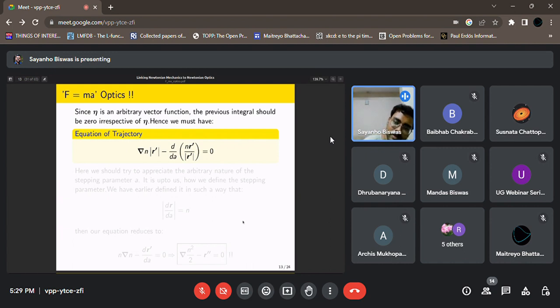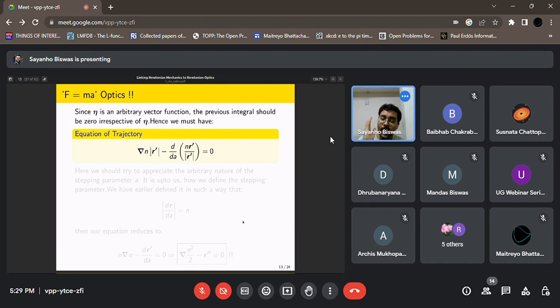Since eta is an arbitrary vector function, the previous integral should be 0 irrespective of eta. Hence, we must have this quantity being 0 for the entire trajectory, that means between the initial and the final points. Now, remember, this entire thing was done for the stationary path.